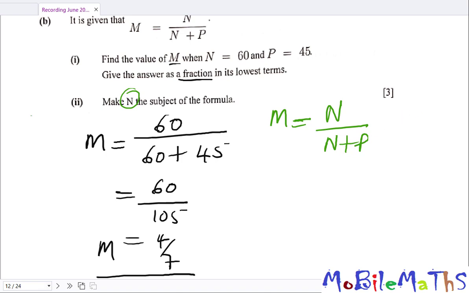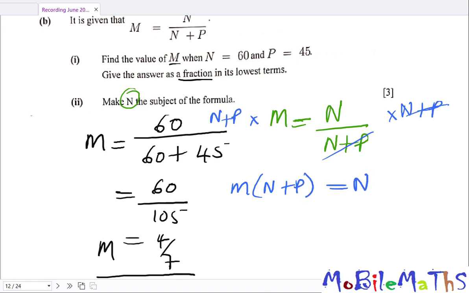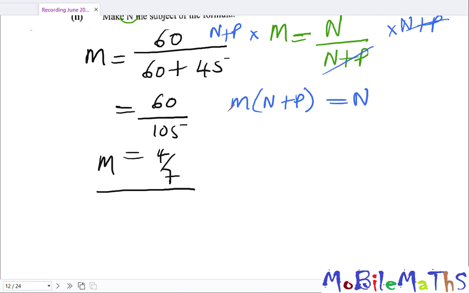I will multiply both sides by n plus p, such that here they cancel each other, and on this side I have m multiplying n plus p, and it is equal to n there. Removing brackets, I get mn plus mp is equal to n.